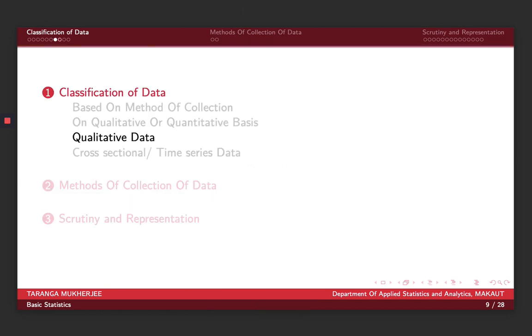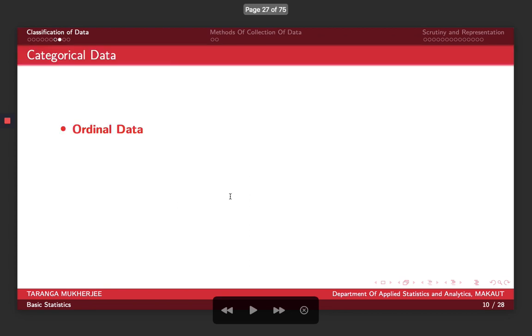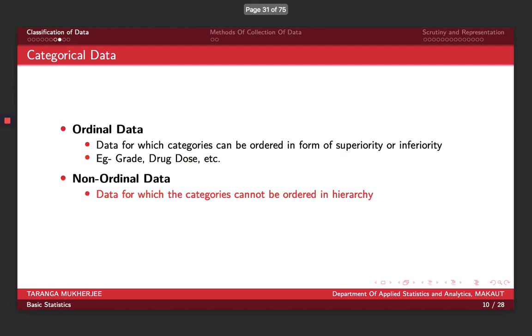Now, if the data is non-numeric, that is, it cannot be expressed as numbers, then it can be classified into ordinal and non-ordinal or nominal. Ordinal data means the kind of non-numeric data that can be ordered.